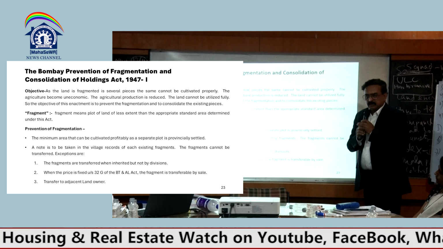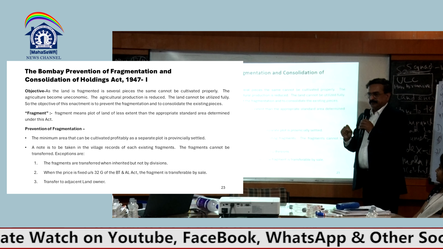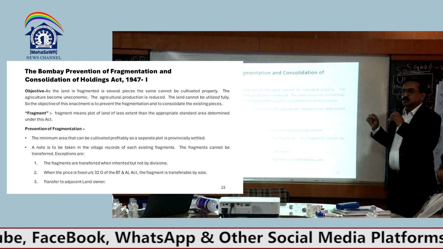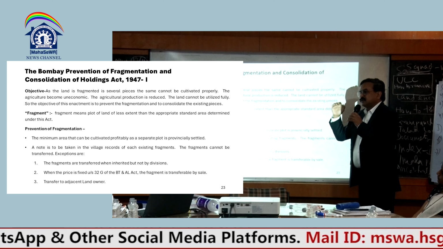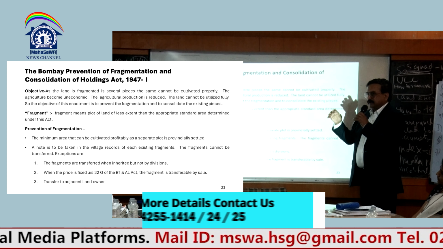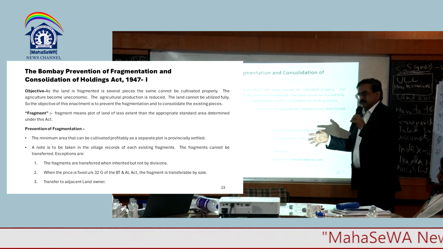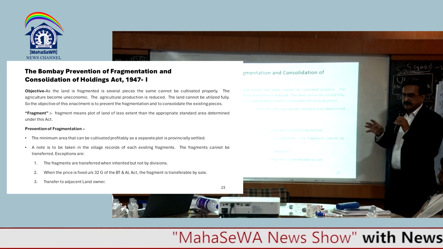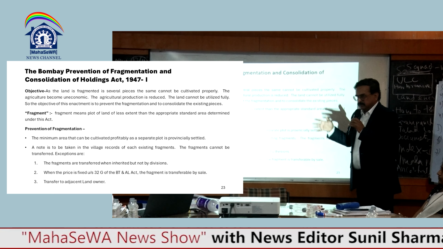You might have come across tukda in the other rights column of Satbara, in inverted commas. The piece of land is declared as tukda or fragment when the standard size of fragment is declared, and that standard size of fragment is different in different villages, and the names of villages and what will be the standard size of fragment is declared in Schedule 1 attached to this act.